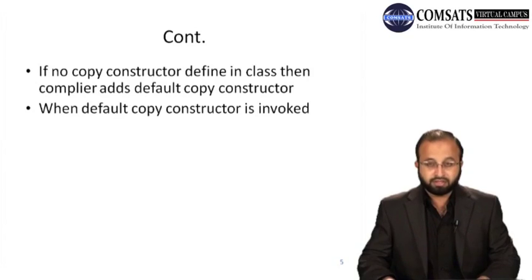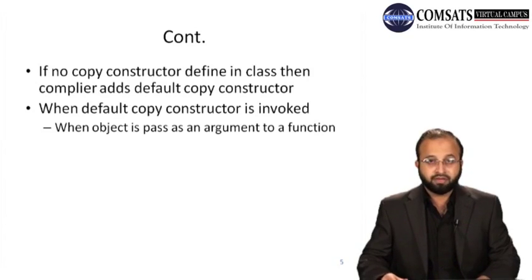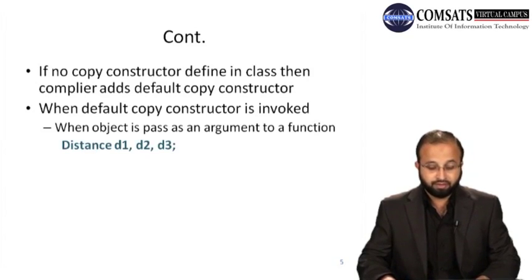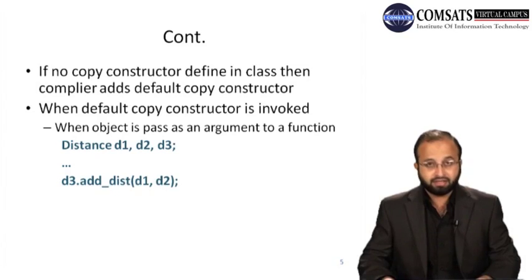At what point is the default copy constructor invoked? When an object is passed as an argument to a function. For example, we created three objects d1, d2 and d3 of the distance class. Then we initialize them with some values, and then we call a function addDest, passing it two objects d1 and d2.